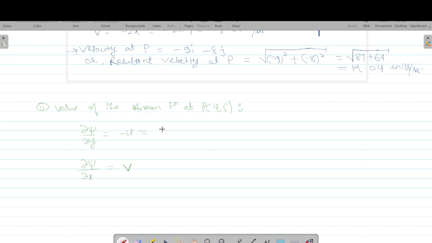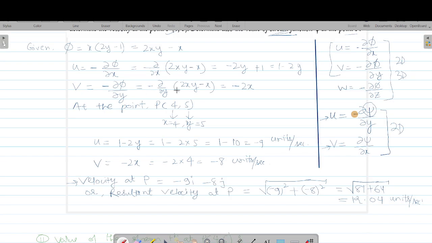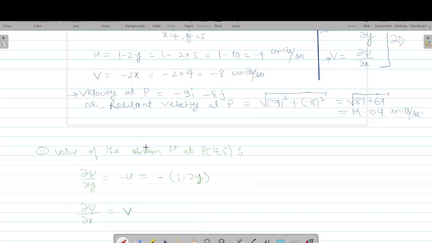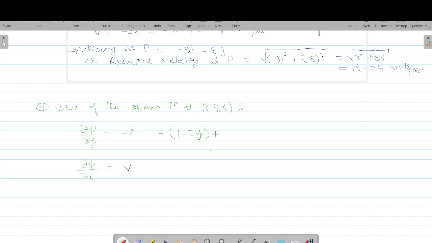The value of u is what? Negative sign at its place. u is 1 minus 2y, as you have found from here. So the negative sign will make it 2y minus 1, and this is my equation 1.